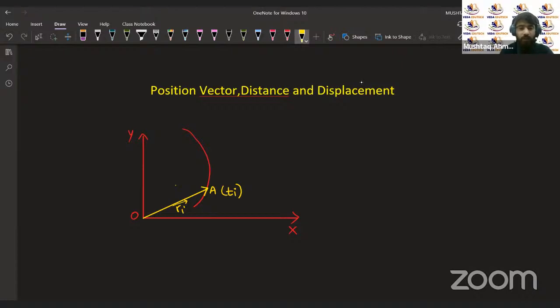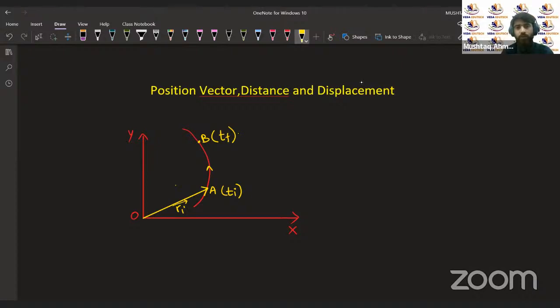Let's suppose that after time delta t, the particle moves along this curved path and reaches the point B at time t final. The time at which this particle reaches point B is Tf. We call this the final time, right? So now the position vector of this particle has changed from the position Ri to some new position.